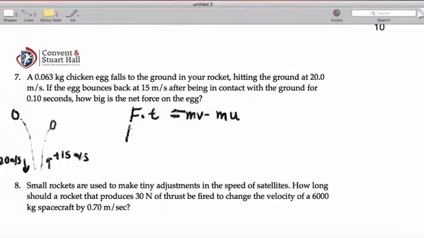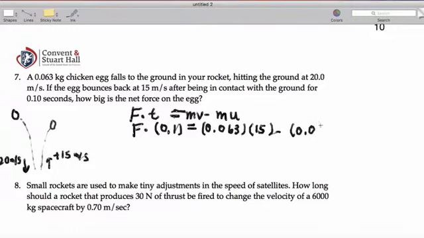Using this idea, F times 0.1 equals m, which is 0.063, times the bouncing up speed of 15, minus 0.063 times the speed that it starts off with, negative 20. Negative, because the speed it hits the ground at is 20 downwards, and the speed it bounces back at is plus 15, upwards, positive.